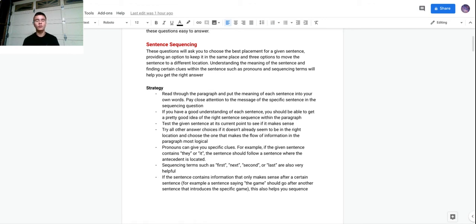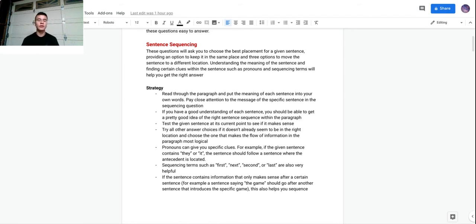So just use the meaning and you can get a pretty good idea of where it should go. If you aren't really sure, you can use these next clues, which are pronouns and sequencing terms. You want to test the given sentence at the current point it's at to see if it makes sense. And if not, just try all the other answer choices.